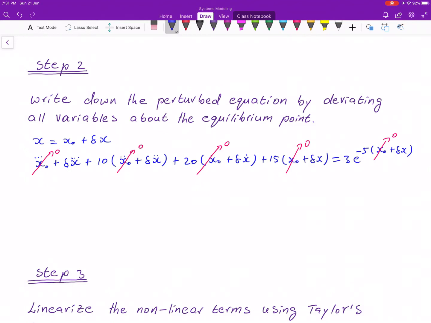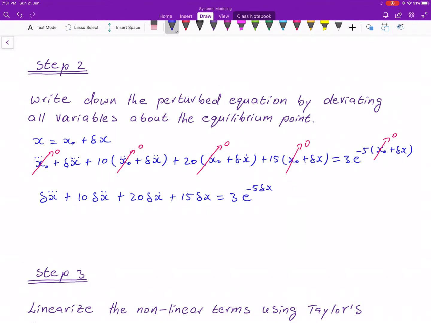So I can rewrite this as delta x triple dot plus 10 delta x double dot plus 20 delta x dot plus 15 delta x is equal to 3e to the minus 5 delta x.